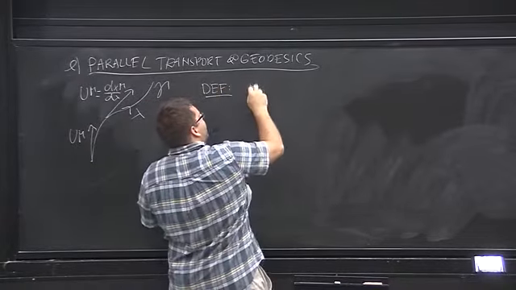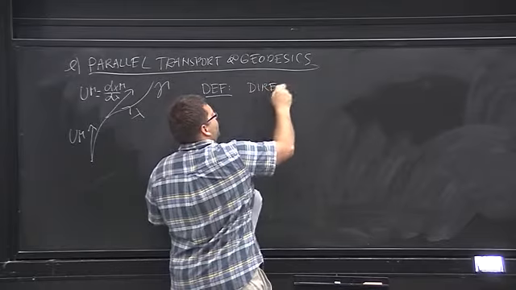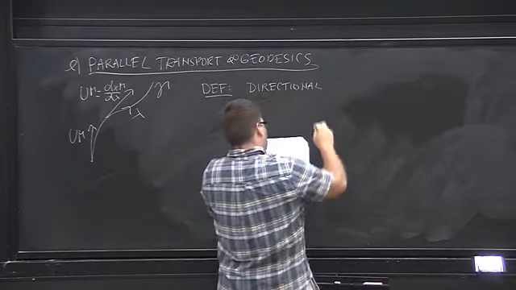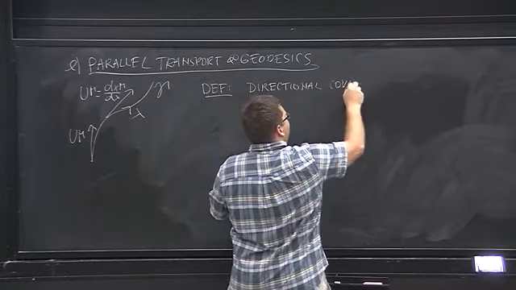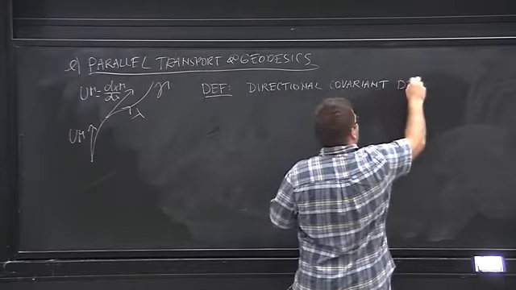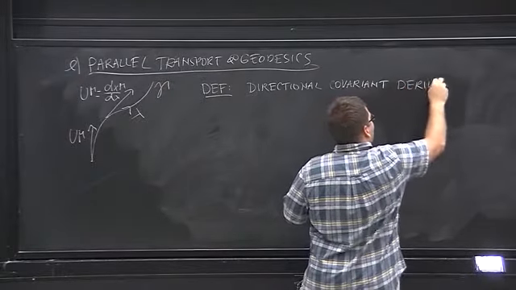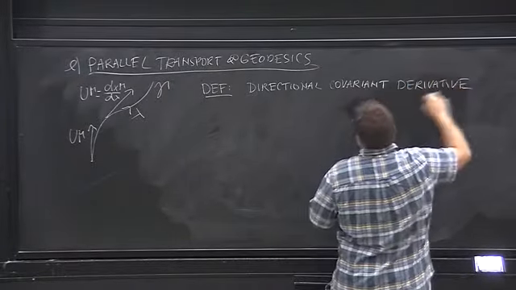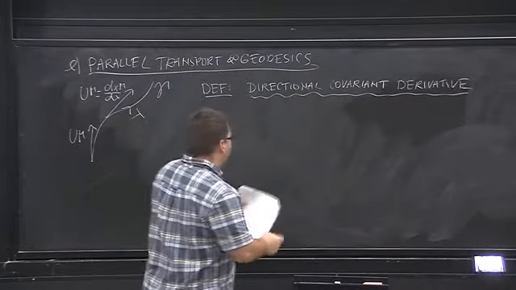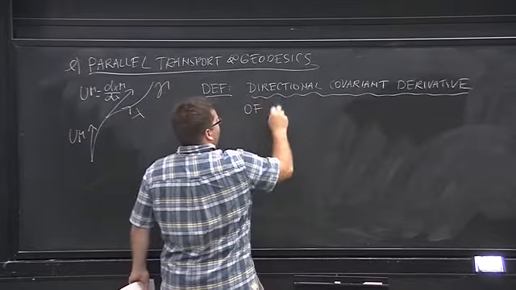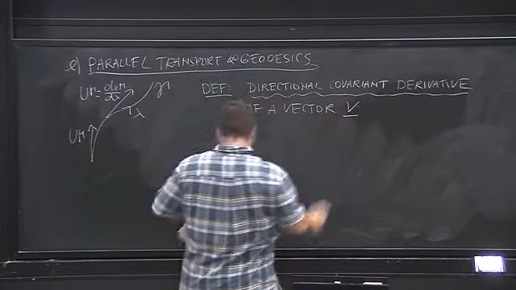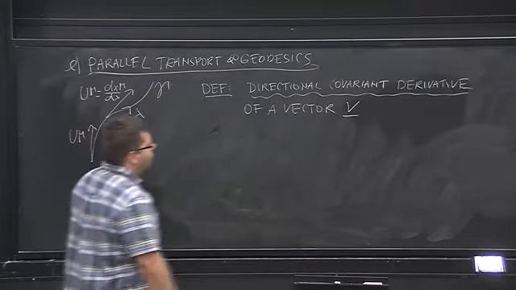You define a directional covariant derivative of a vector v along gamma.